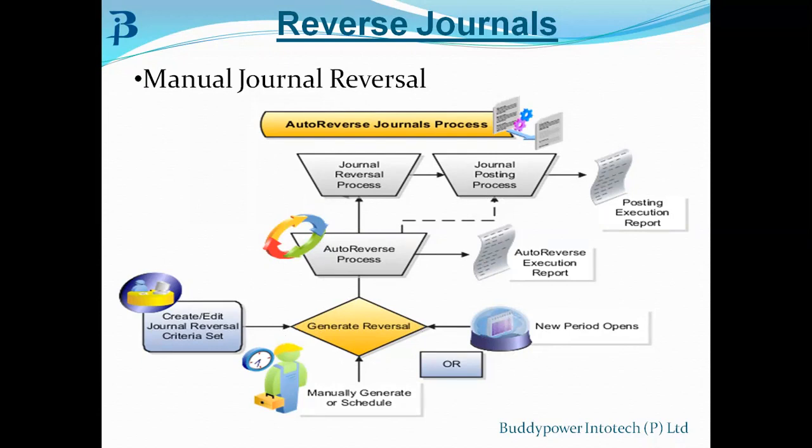First you define the journal reversal criteria sets, and then you define the criteria set to automatically reverse and optionally post journals. After creating your journal reversal criteria set, you assign it to the ledgers. A journal reversal criteria set can be shared and assigned to multiple ledgers at the same time.